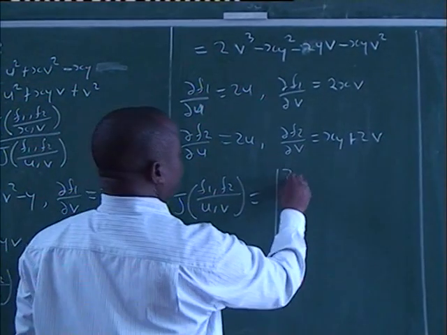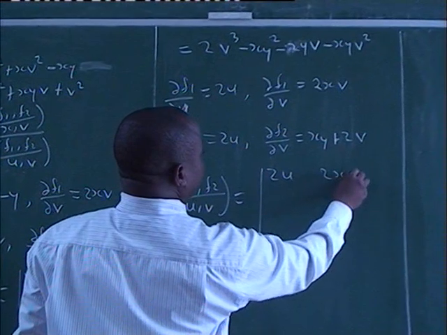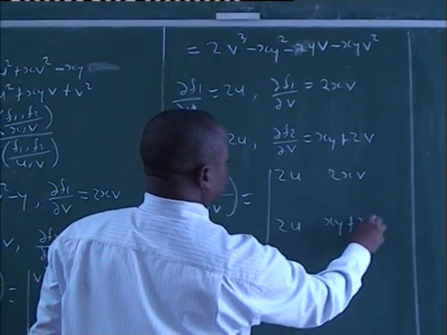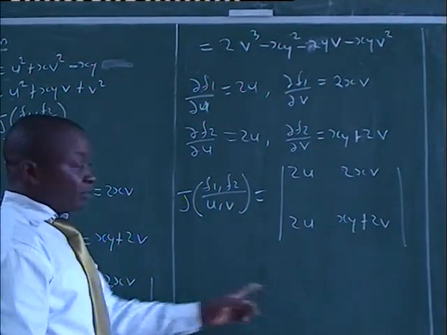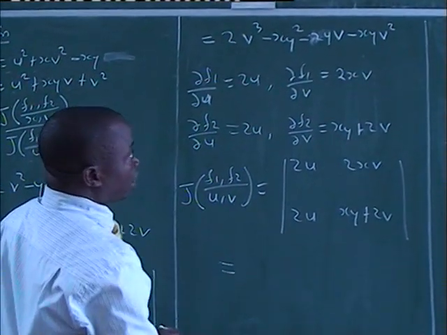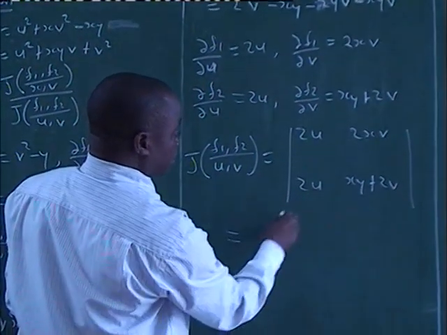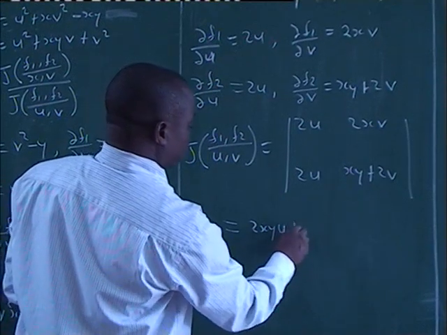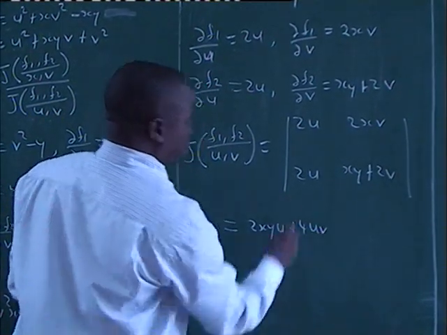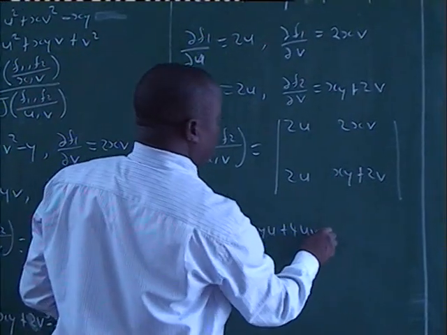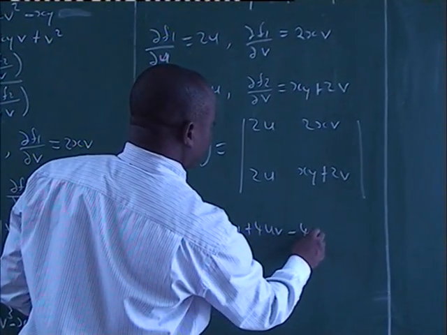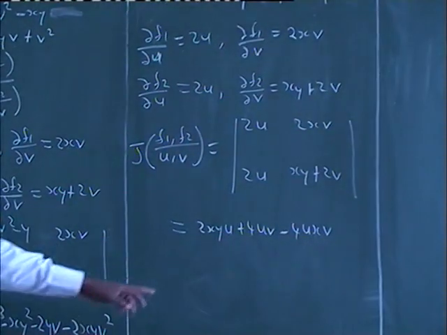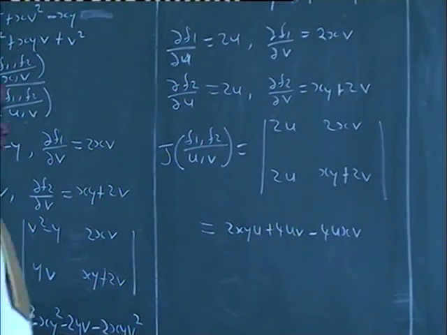So we have 2u, 2xv, 2u, xy plus 2v, and if you do that, this will give us 2xy plus 4uv. That is this way, and going this way, we have minus 4uxv. Yes, minus 4uxv.